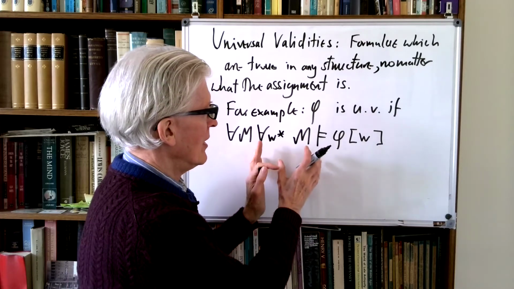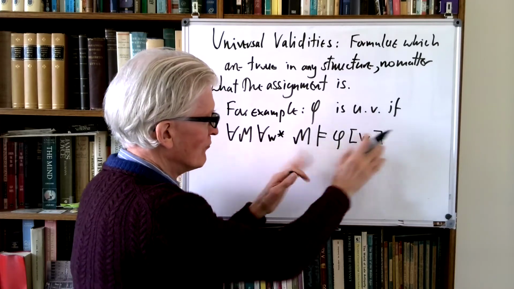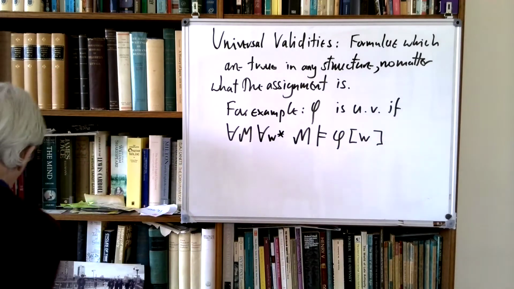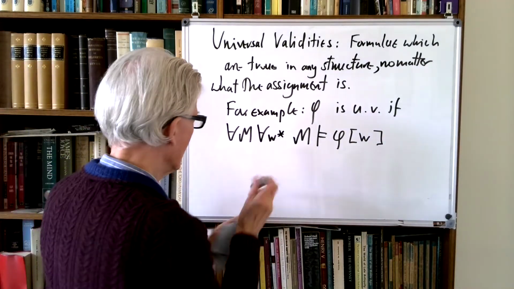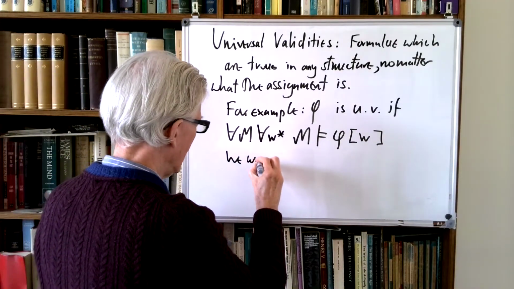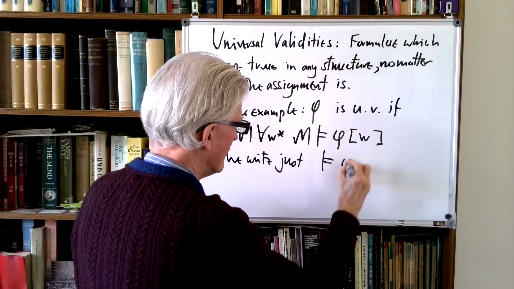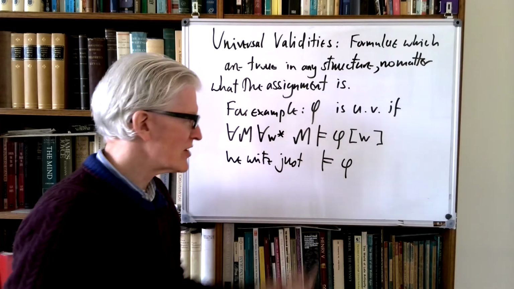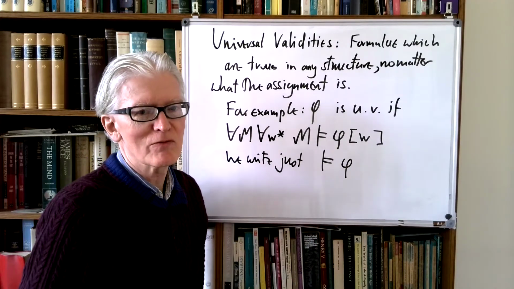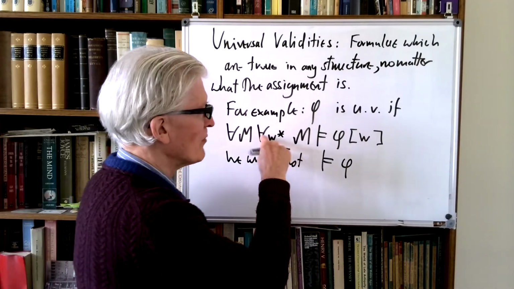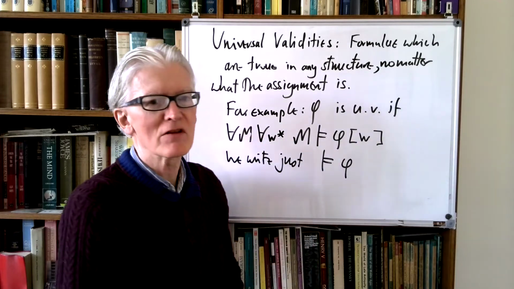So we kind of put all of this to one side. We write this just to say that phi is a universal validity. We drop the M and the quantifiers and the assignment and so on here.